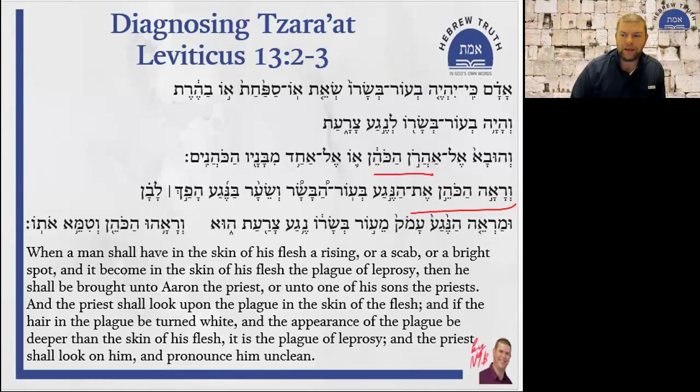Specifically in these verses, God is giving these medical, spiritual, legal instructions to Moses and Aaron as part of the law for the metzorah. So you can see it is formulated as a legal text.